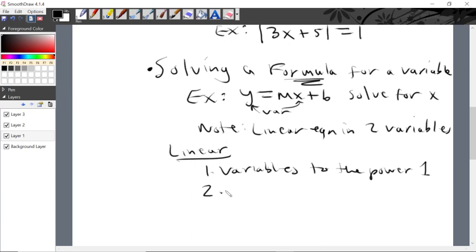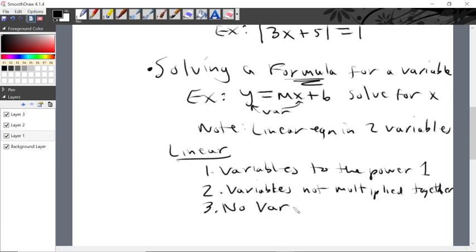Two, variables are not multiplied together. And three, you're not going to find a variable in any denominator. So we have no variable (var) in any denominator.